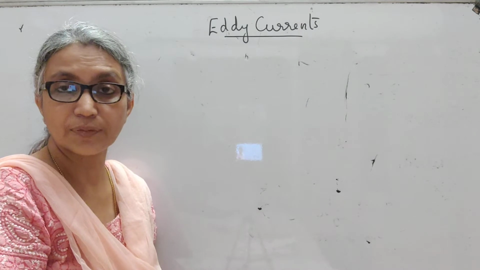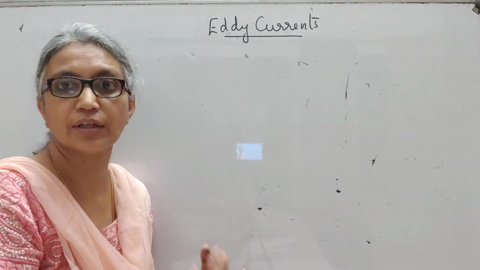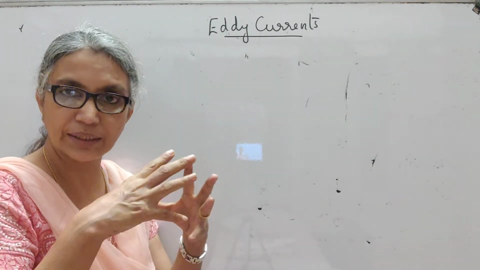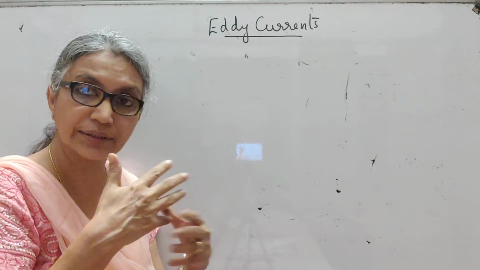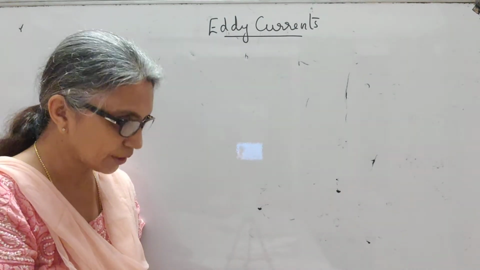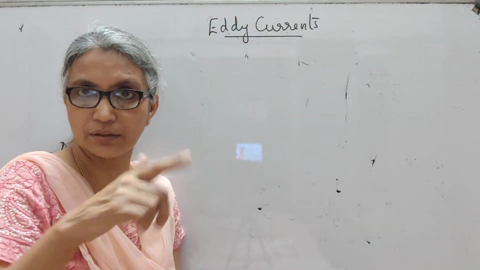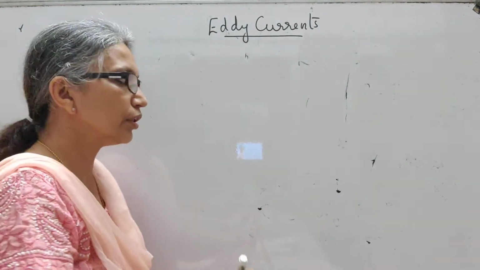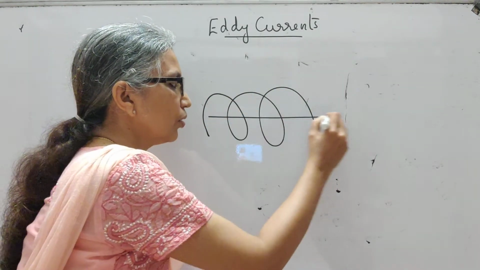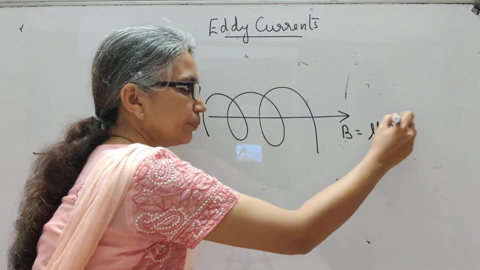Another example in your textbook is when you need to prepare an alloy. To make an alloy, for example, like Alnico, you have aluminum, nickel and cobalt. All these metals are melted together and fused to form the alloy. So what you can do is, these metals are surrounded by coils, and you already know in a coil, an inductor, we have the magnetic field given by mu0 N i.